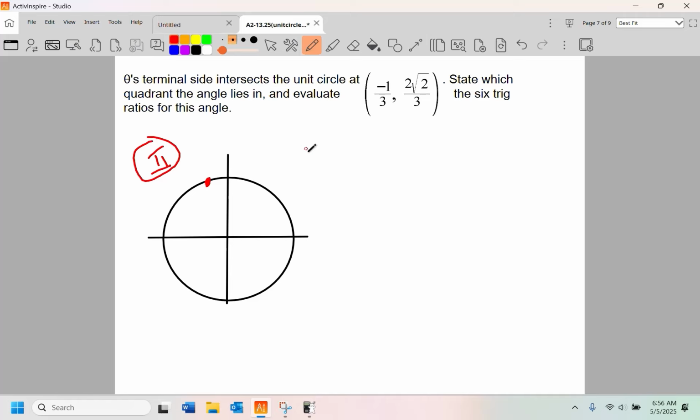All right. Now speaking of that, ASTC, I know that sine and cosecant are positive, and all the others are negative.